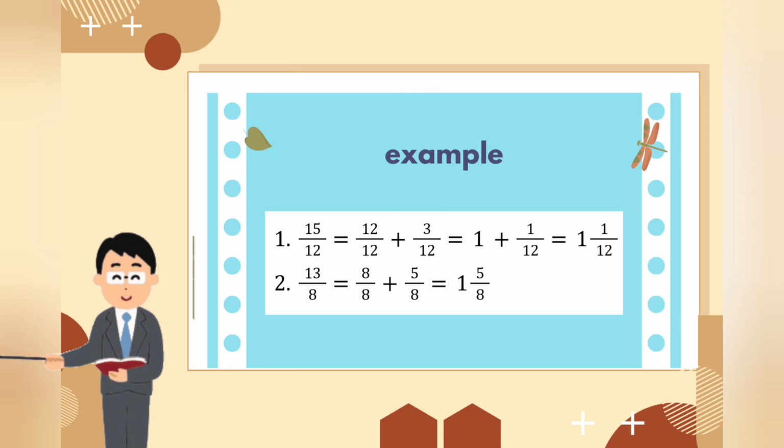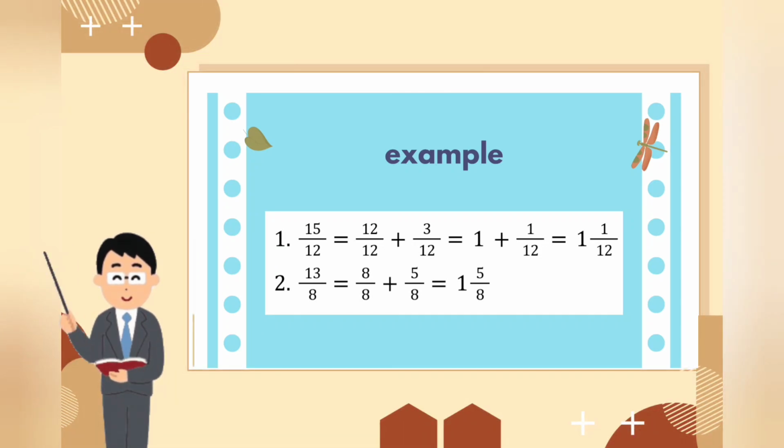Number 1, 15 divided by 12 equals 12 divided by 12 plus 3 divided by 12, equals 1 plus 1 divided by 4, equals 1 and 1 divided by 4.